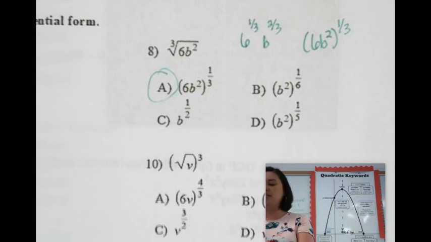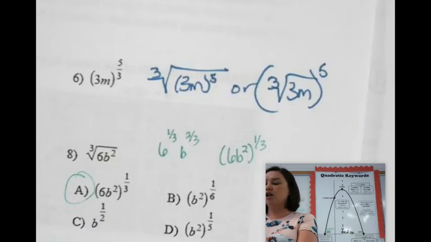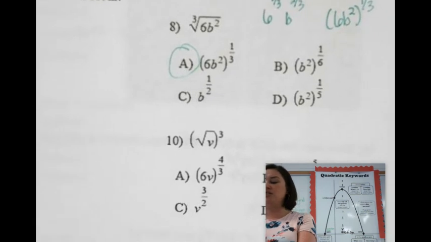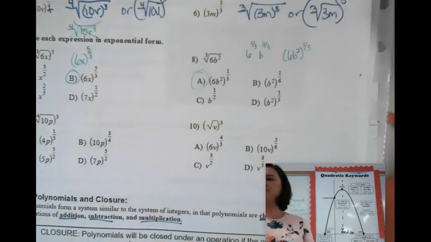So when I look at this, it says polynomials form a system similar to a system of integers, in that polynomials are closed under the operations of addition, subtraction, and multiplication. What does closed mean? You can't see what I'm underlining because I had zoomed in so much.